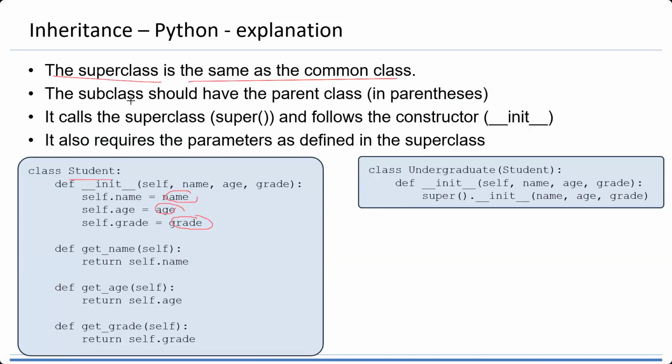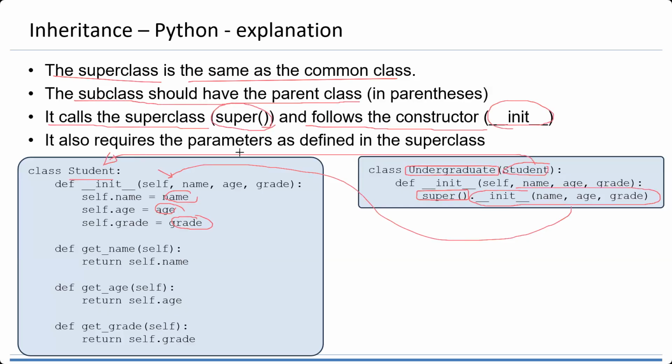The subclass should have the parent class. It means this subclass, undergrad, should have the parent class. The parent class is the student. It calls the superclass, super, and follows the constructor init, which is from the superclass.